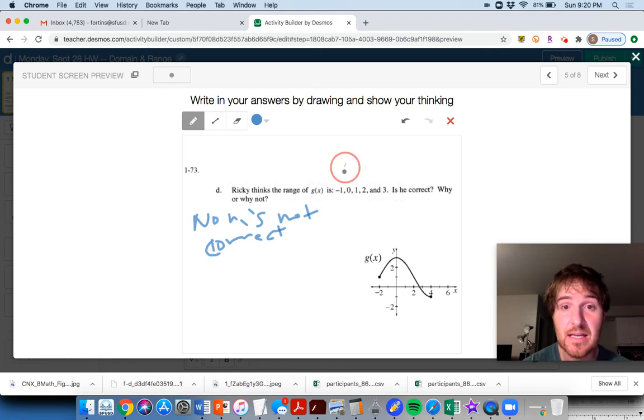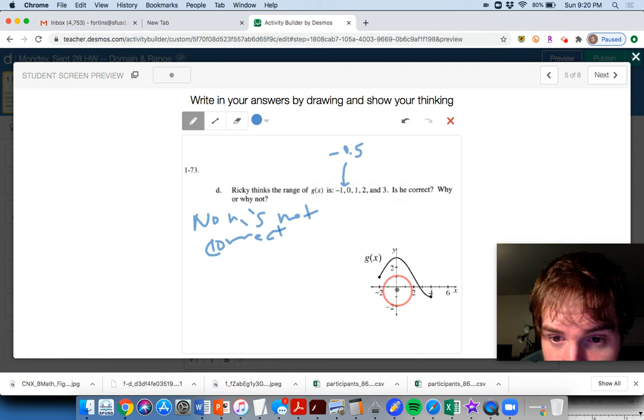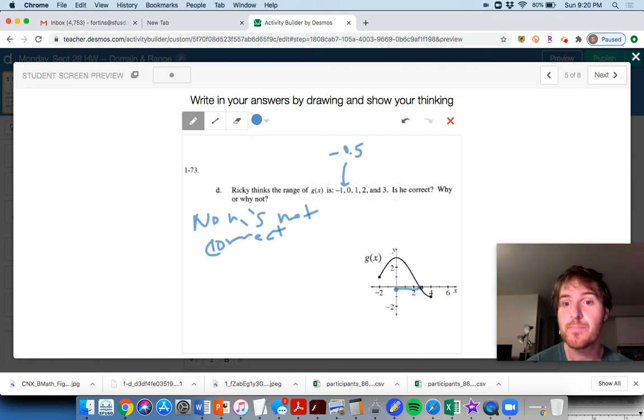because, for instance, is -0.5, could that be part of his range? Look here, -0.5, we have a point right there. So for 2.5, we have a y value here.